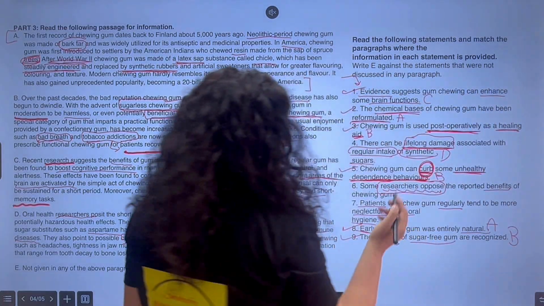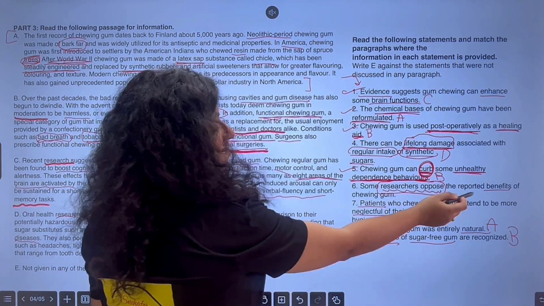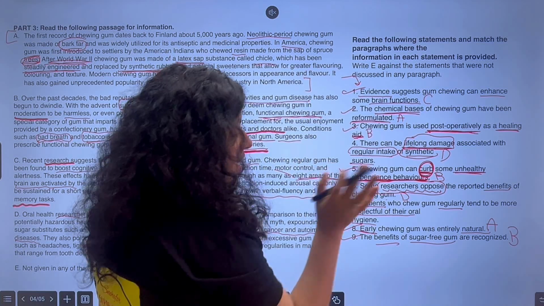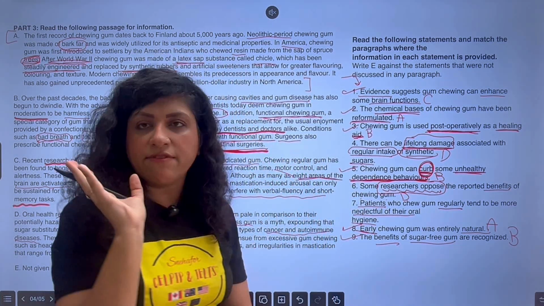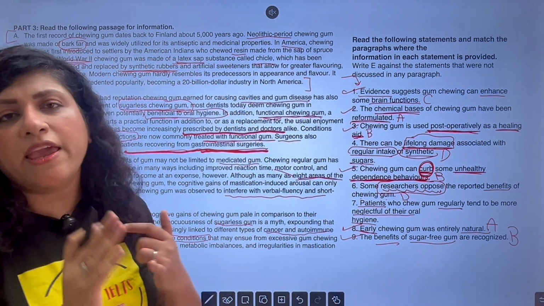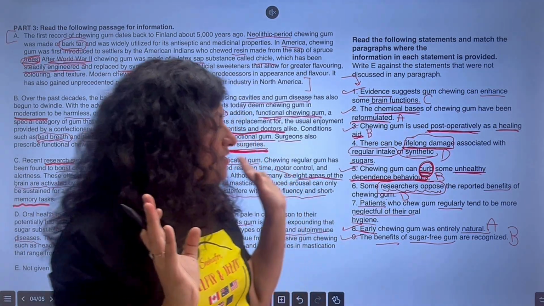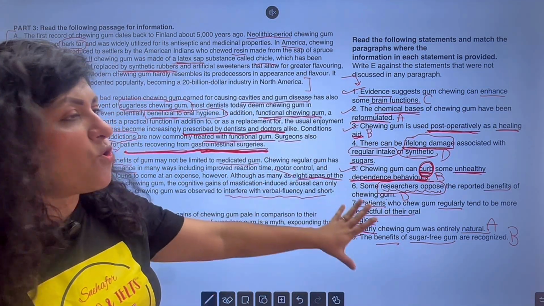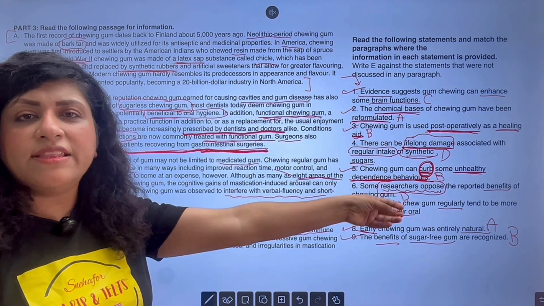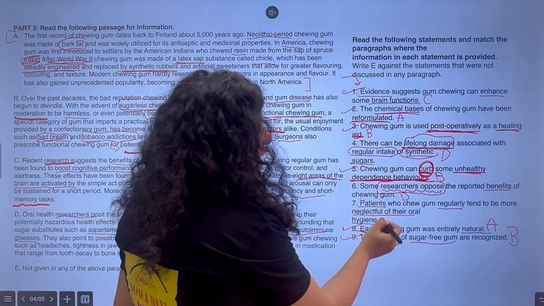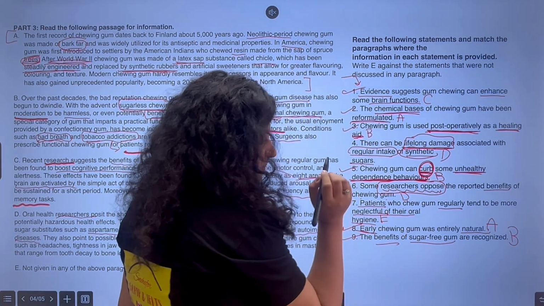So yes, some researchers are now opposing the reported benefit of chewing gum. So it's there in D. Now we are left with question number 7. 7th was not there in A, B, C. It's not even there in D. This text does not talk about those who chew gum regularly neglecting their oral health. So here my answer is going to be E.